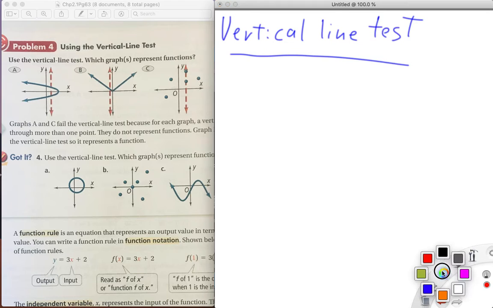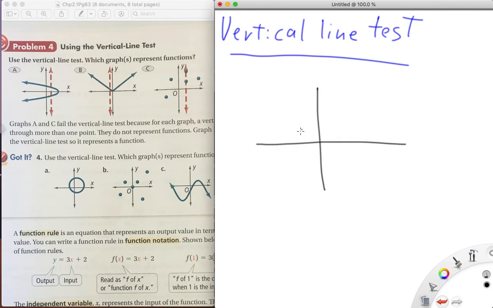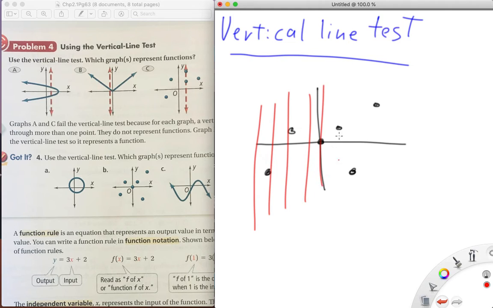I'm not going to draw it exact, but I'll do the best that I can. This one would pass the vertical line test. There's not going to be a place where I intersect multiple times, so I would say yes, this is a function.